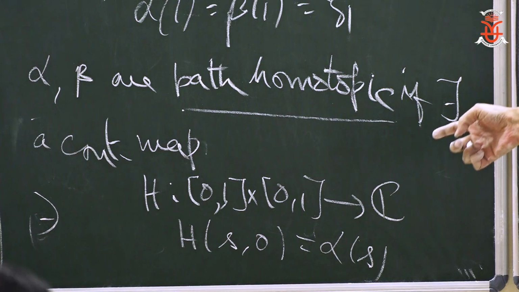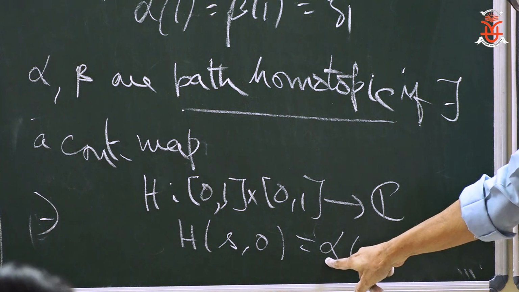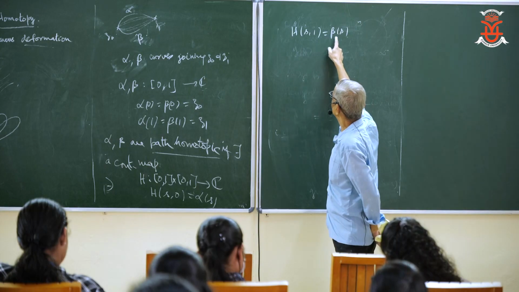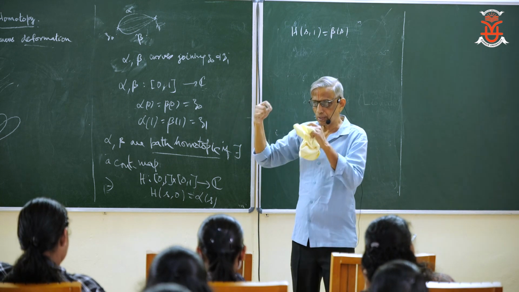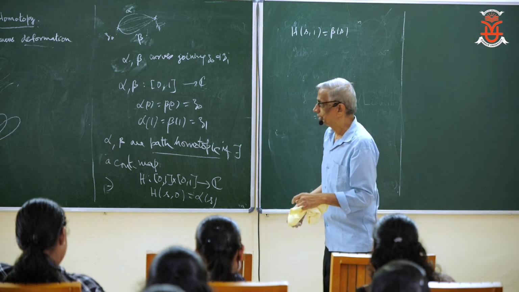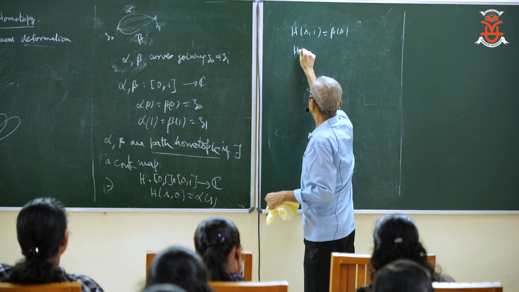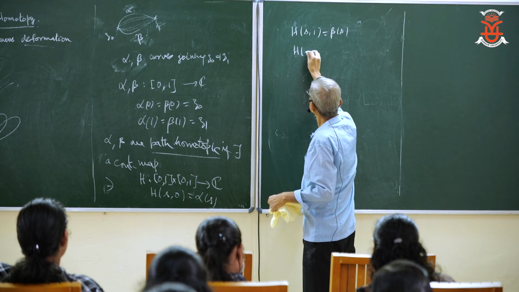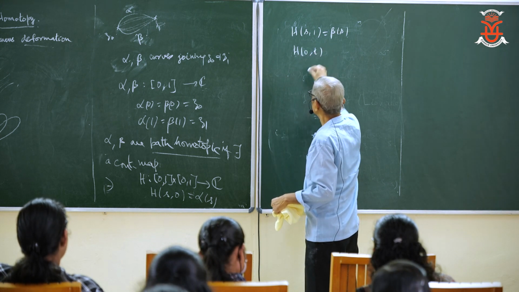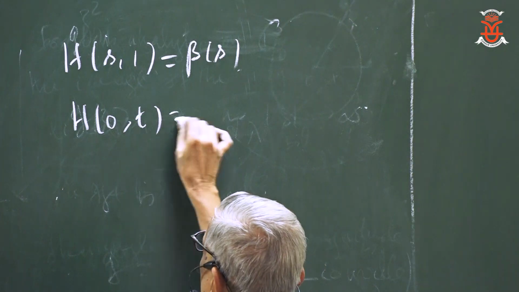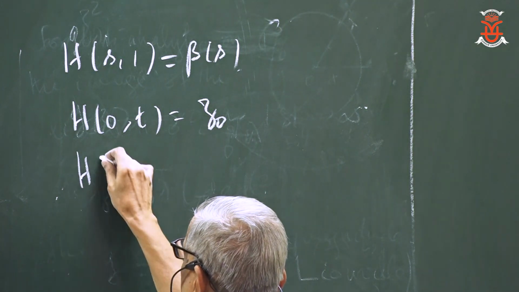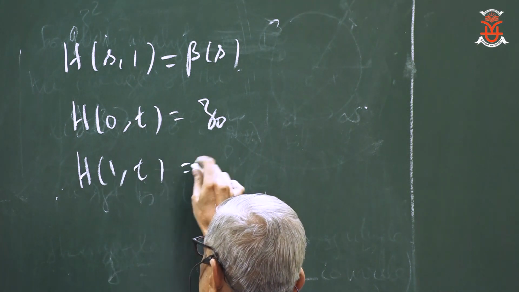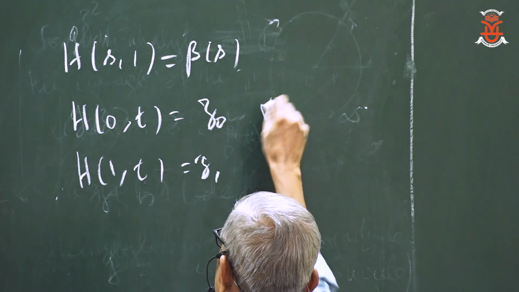So you start with t equal to 0 at alpha and end up at beta when t equal to 1. But the endpoints are all fixed always. That means H of 0,t is always z0, and H of 1,t is z1 for all t.